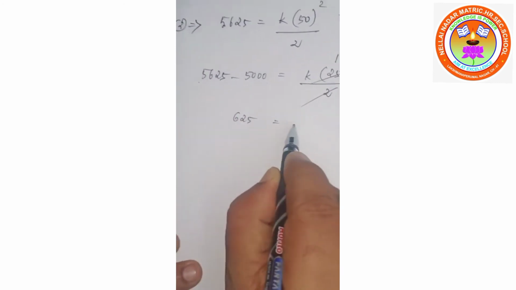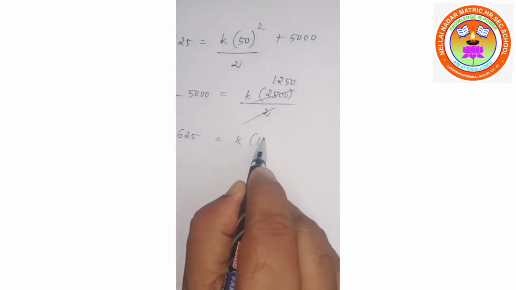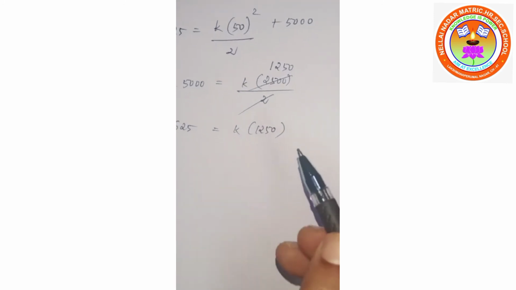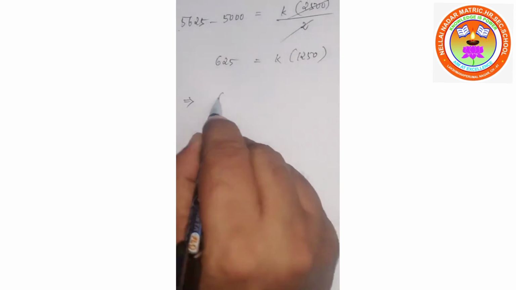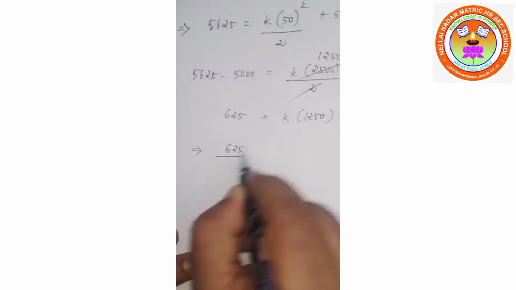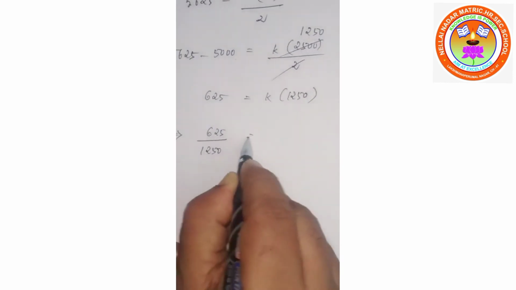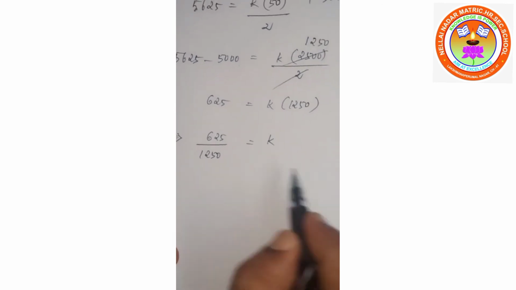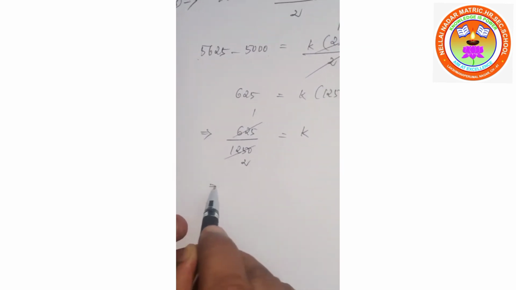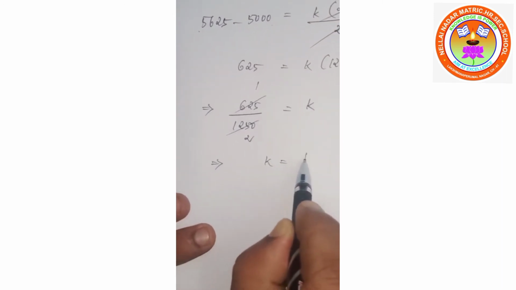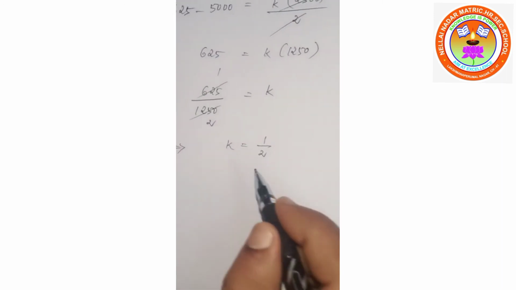That is equal to k into 1250, which implies 625 divided by 1250 equals k. Here 625 one time, 2 times, which implies k equals 1 by 2. We got the value of k also.